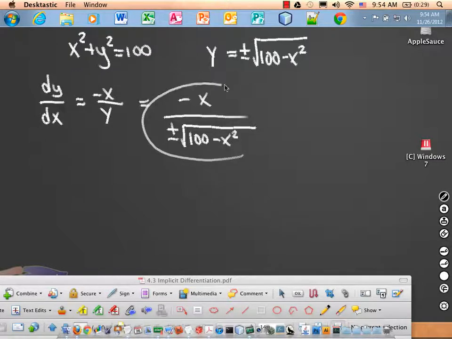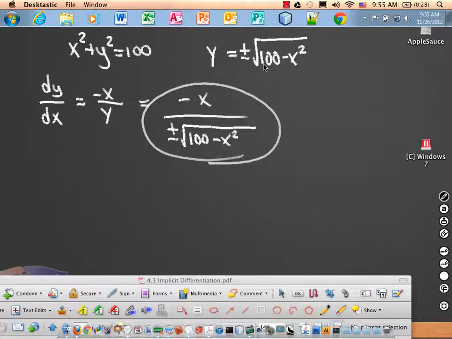Now remember, this is not a function. Why is that not a function? You talking about the signs? No. This equation is the same as this equation.